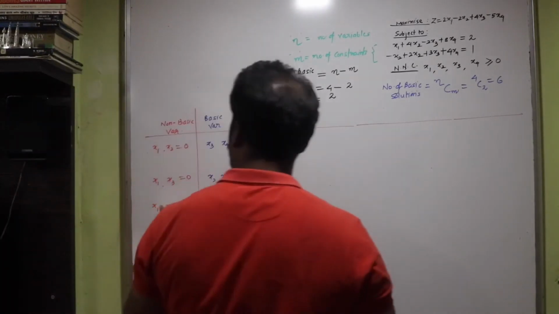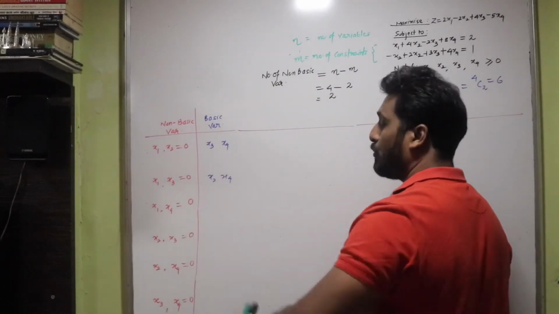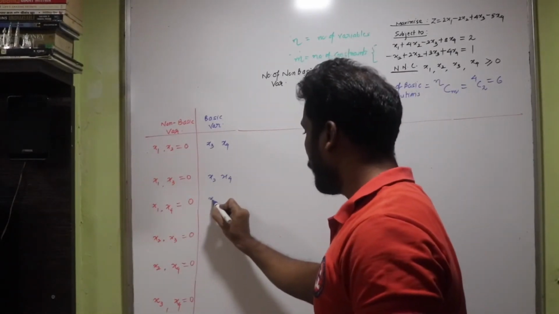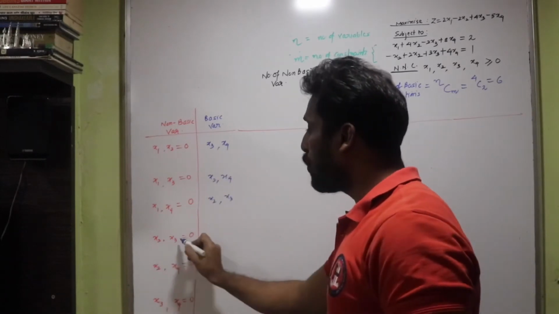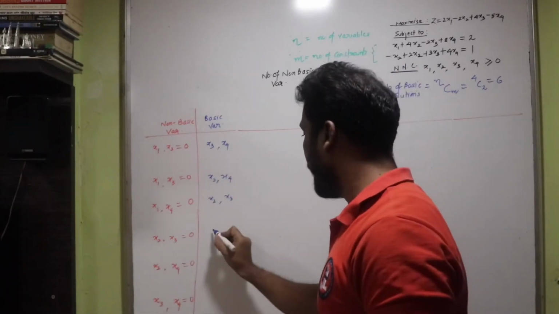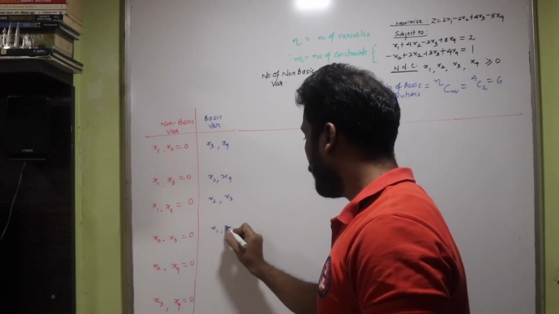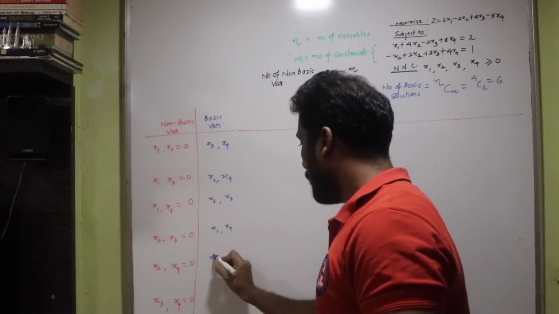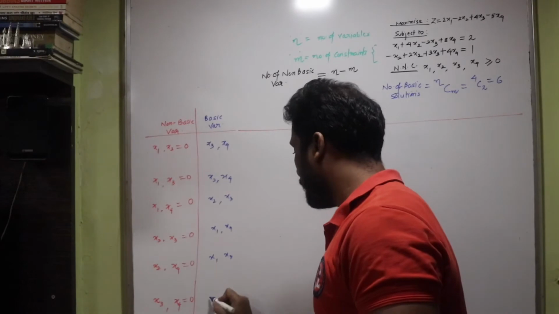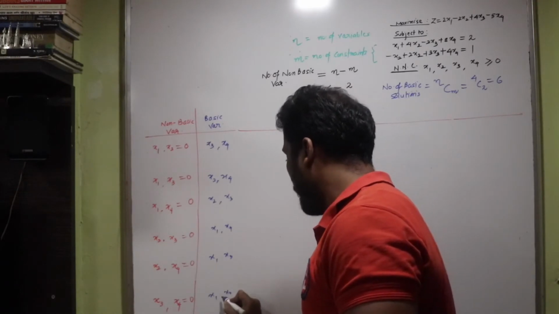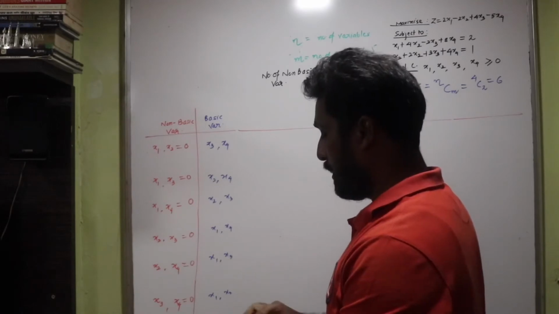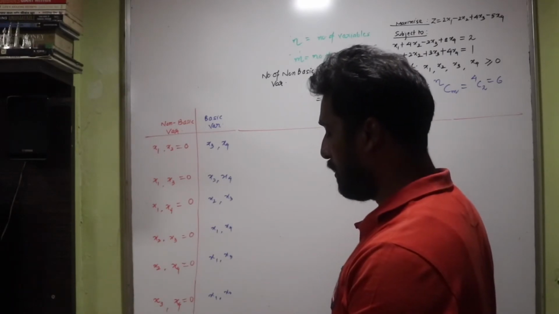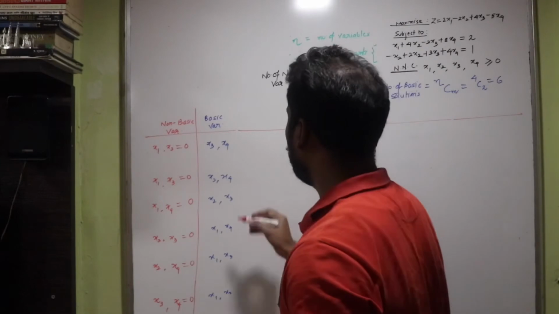The next one is x1, x4, so I get here x2 and x3. Then x2 and x3 were my non-basic variables, so I get x1 and x4. Next is x1 and x3, x1 and x2. So that's my next column where I have taken the basic variables.